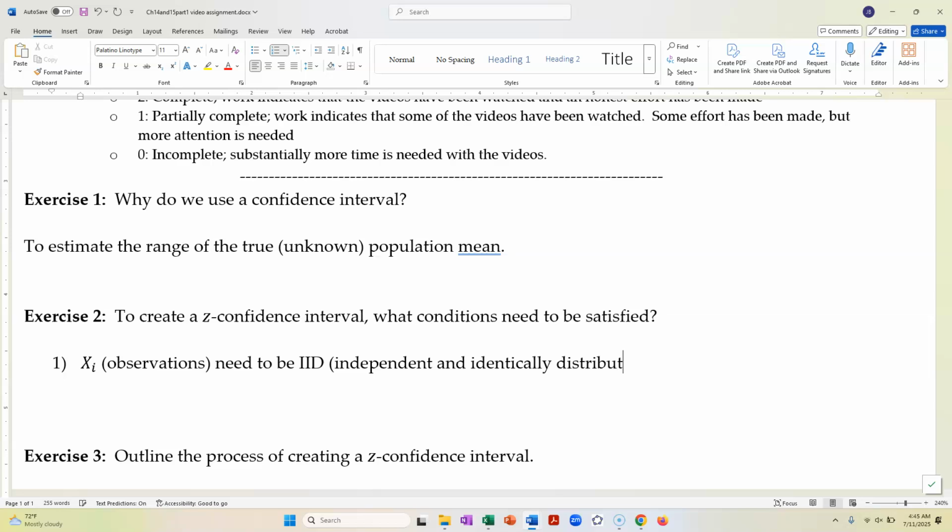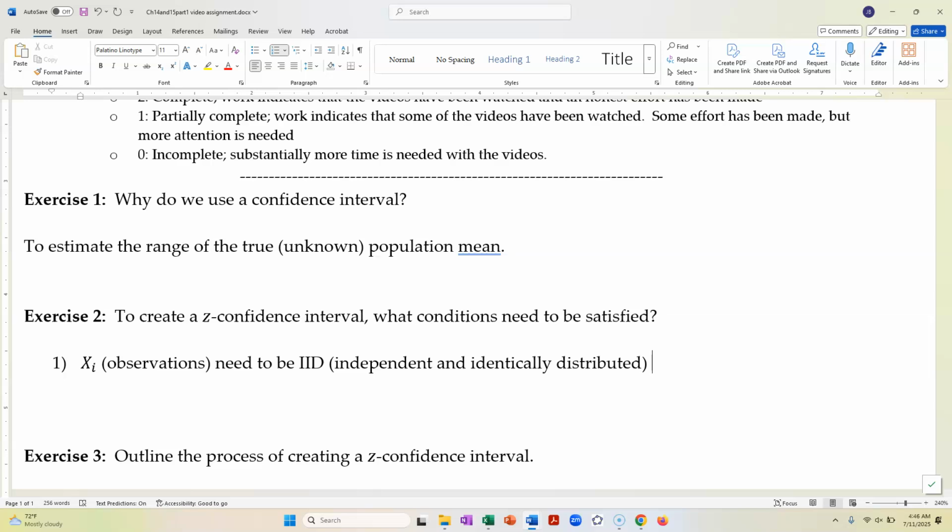The last bit, identically distributed, is almost always satisfied if you're sampling from the same population. If your population is geriatrics, and you sample from, say, Minnesota compared to California, those are not going to be identically distributed. But if you're sampling within one population, generally that identically distributed condition is going to be satisfied.